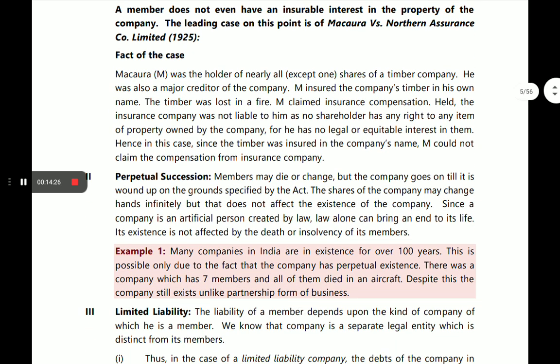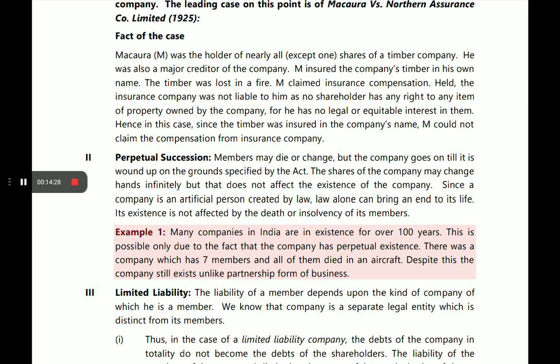Perpetual succession. Members may die or change, but the company goes on till it is wound up on the grounds specified by the Act. The shares of the company may change hands infinitely, but that does not affect the existence of the company, since a company is an artificial person created by law.